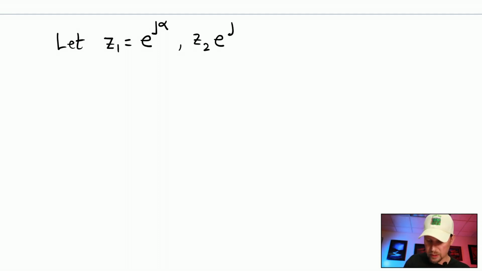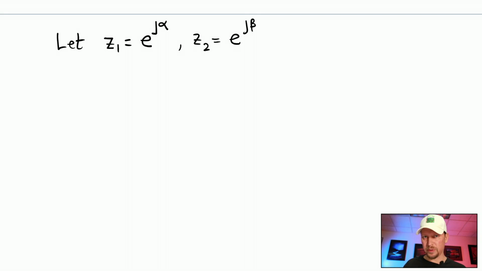So suppose that we had two complex numbers in polar coordinates. So suppose that we had z1 is equal to e to the j alpha, and z2 is equal to e to the j beta. So these are written in polar coordinates, right?